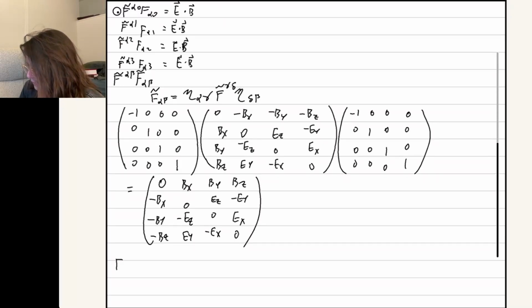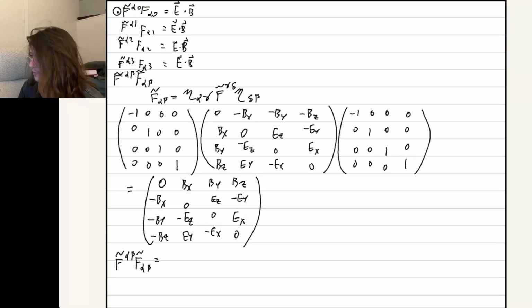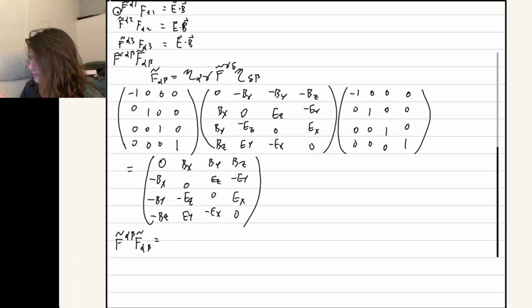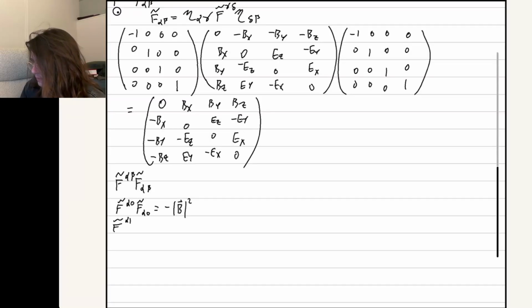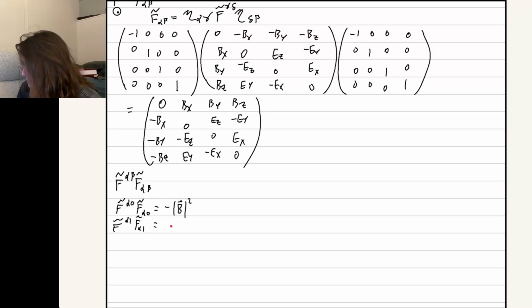Now we can actually calculate the invariant, just looking back and forth between Jackson and my form of the matrix. We have that F tilde α0 times F tilde α0 is just minus the square of the B field. And then we have F tilde α1 times F tilde α1, just looking over the second columns of each: minus Bx squared plus Ez squared plus Ey squared.